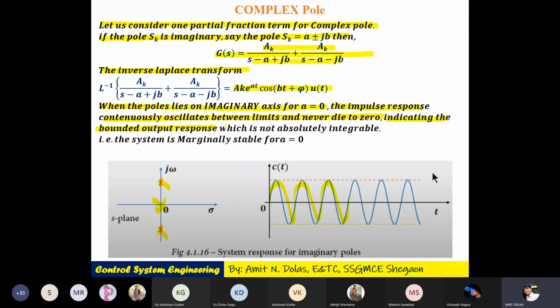Of course output is not going to infinity. It has not gone directly up to infinity or minus infinity. It is between two predefined levels. We have just read in the definition, it is between two predefined levels. So output is bounded. But what about area? If you compute, area is not absolutely integrable or not bounded. Therefore, the system is marginally stable for A is equal to 0 of complex pole plus jB and minus jB.